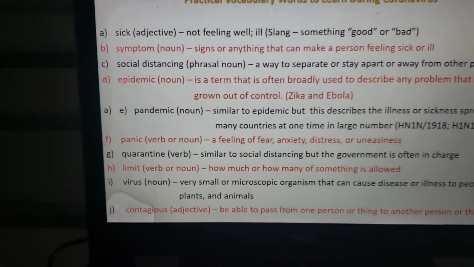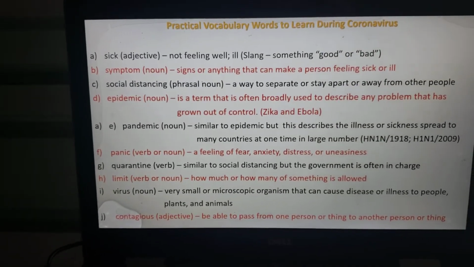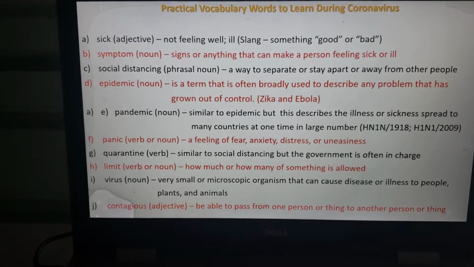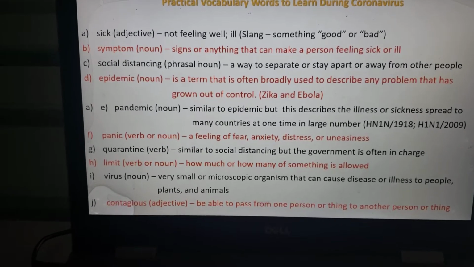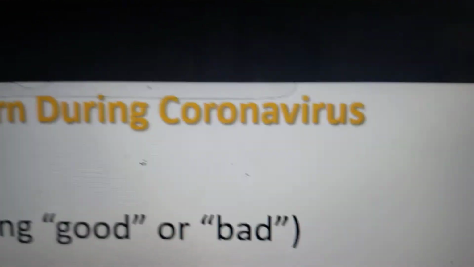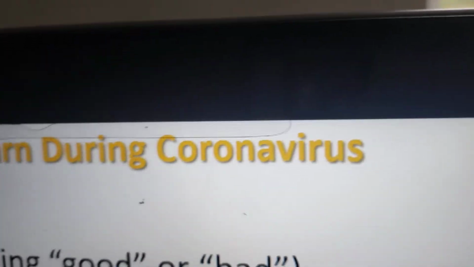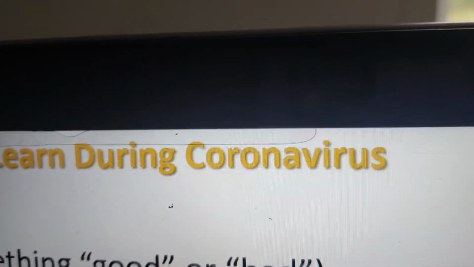So these are the 10 vocabulary words that we can practice during social distancing or self quarantine due to the issues of coronavirus. Coronavirus is a pandemic and is a phenomenon. A phenomenon is an event that can affect many people at one time.